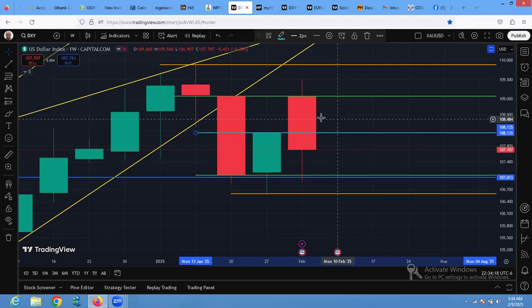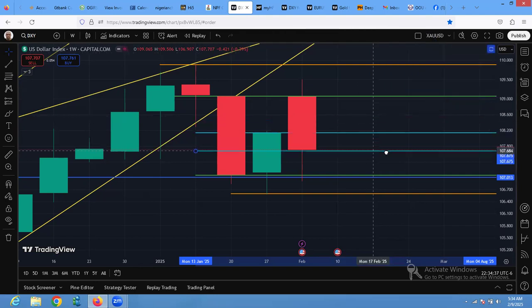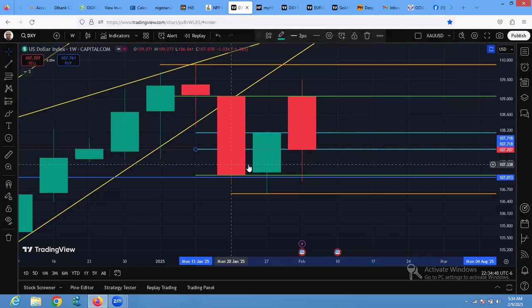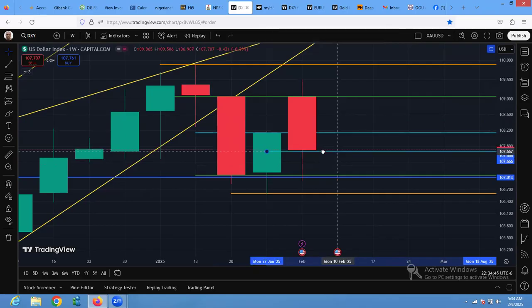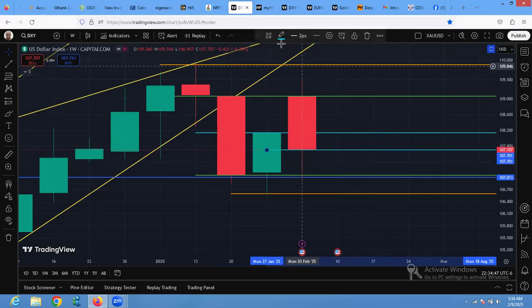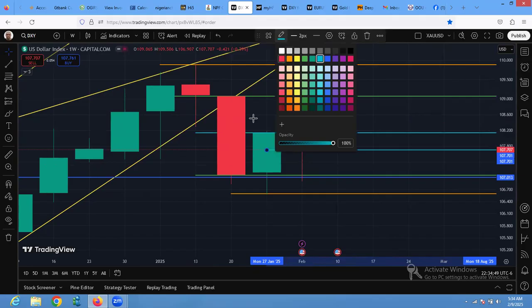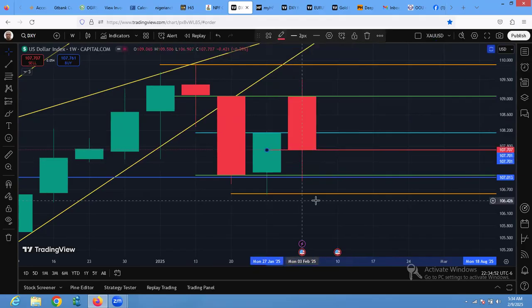Now, immediately, if we see a daily close below 108.100, if price should close below here, it means we are going down. But if price would close well below here, let me give you, if price should have a daily close below this red line, I will use red for it, we are bearish.